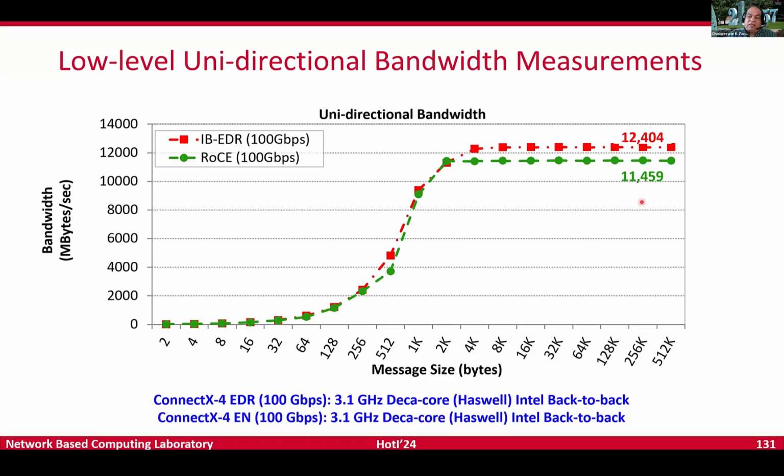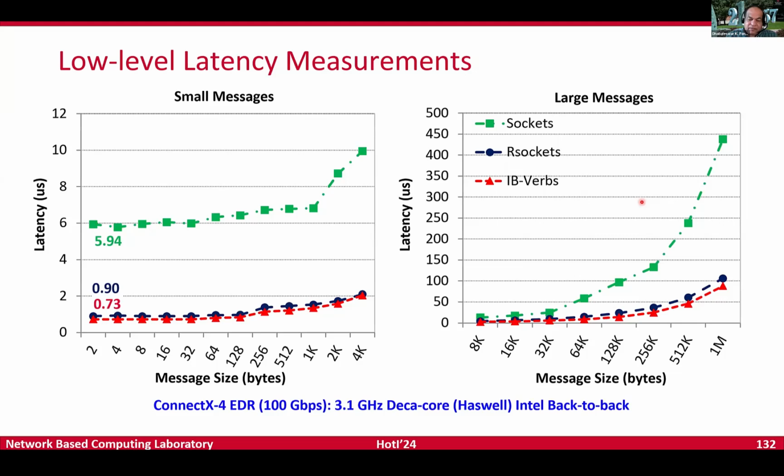RoCE, as you know, is RDMA over Converged Ethernet, so you can use any of the Ethernet switches, from Broadcom, Arista, even Mellanox slash NVIDIA. They also sell RoCE. In fact, from NVIDIA slash Mellanox, the adapter is exactly the same, with some minor differences: the similar logic accelerates both InfiniBand and RoCE, and only some of the firmware is modified so that you can use the RoCE interface.